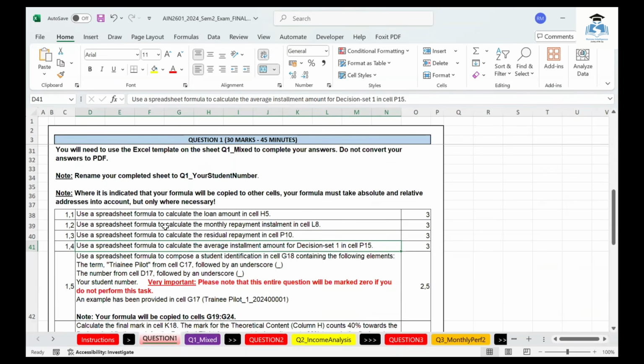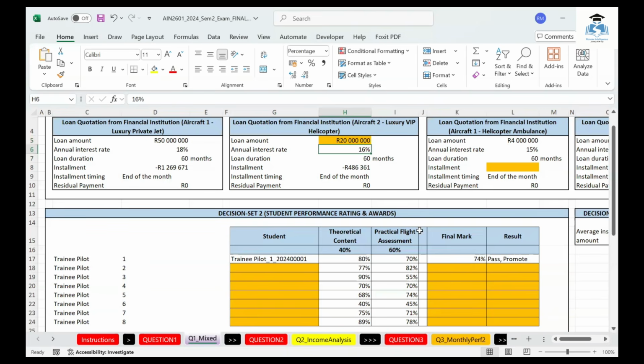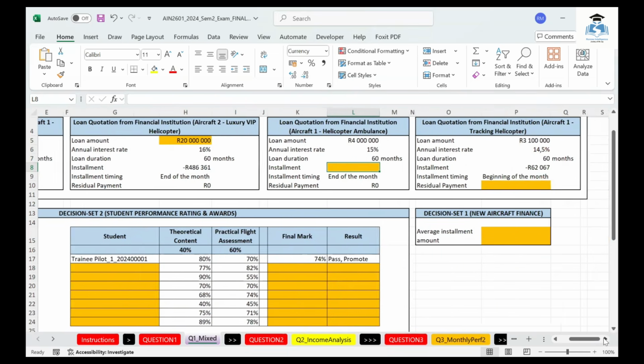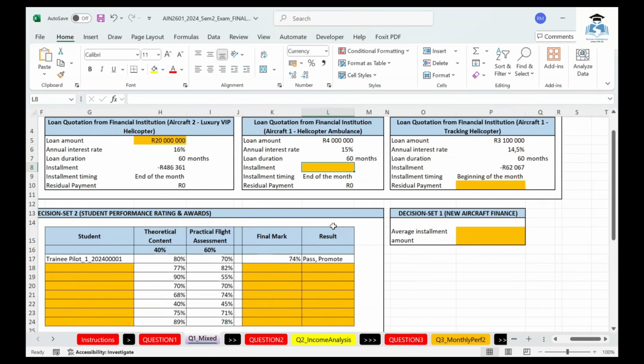Then use a spreadsheet formula to calculate the monthly repayment installment in cell L8. Monthly repayment is what they want you to calculate. So how do we calculate the monthly payment?